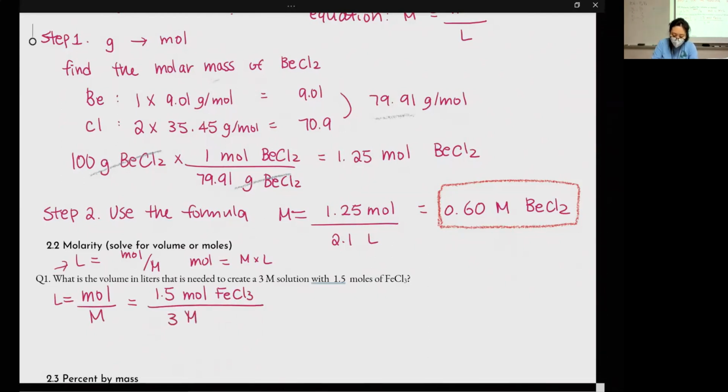So 1.5 divided by 3 is giving me 0.5, and that's the unit will be the liters. So the second type of question would be maybe simpler than the previous one. So that's the molarity.